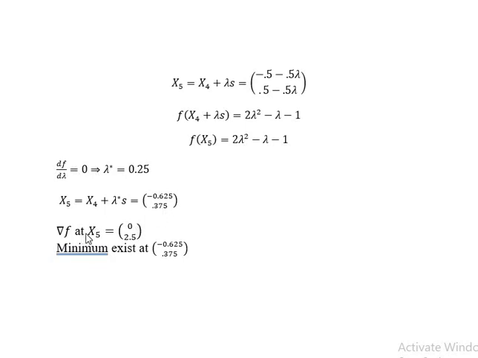Then calculate del f at that x5, that is equal to (0, 2.5). So it is approaching the value of 0, 0. So we can stop the procedure since it was given in the problem to do only 2 iterations. That means we can stop the procedure, and the minimum exists at the point x5, that is equal to (-0.625, 0.375).